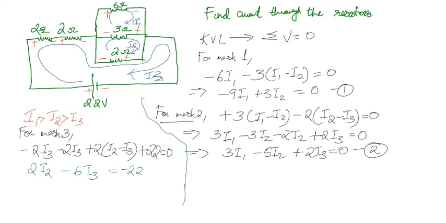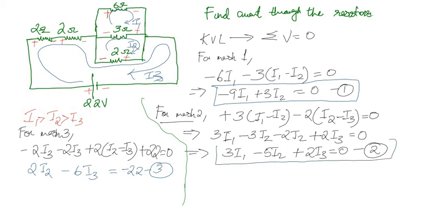This is my third equation. Okay, so when I am solving all these three equations, this is my equation number 1, this is my equation number 2, and this is my equation number 3.